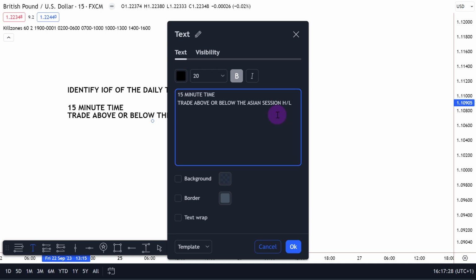Then the next thing we are looking for on the 15-minute time frame is we need to identify a shift in market structure.